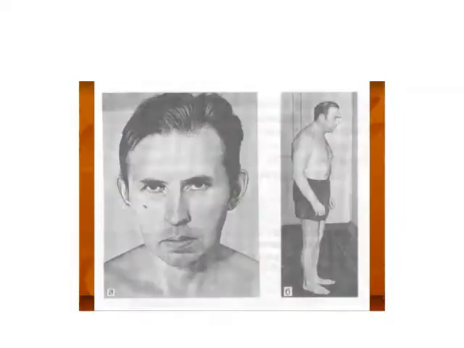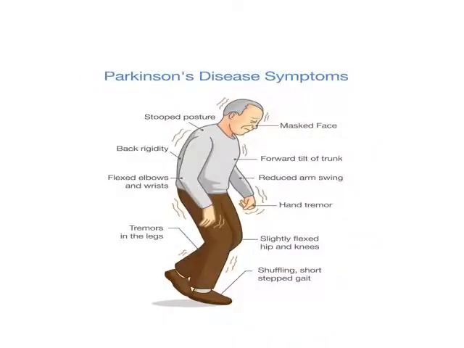This is a picture of a Parkinsonian patient, and these are all the manifestations of Parkinson's disease. There is a stooped posture, masked face, rigidity of the back, actually of the whole body. There is flexed elbows and wrists with reduced arm swinging.